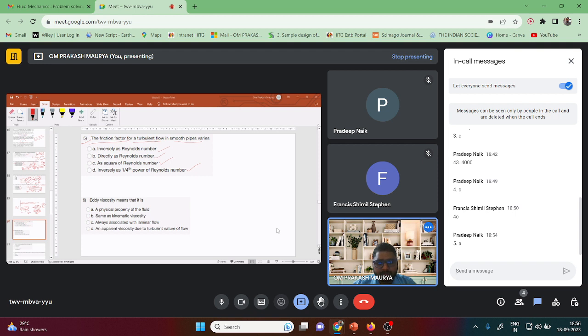Smooth pipe means a new pipe, so don't think of smooth as frictionless. Whatever Colebrook equation was given in the question, it was clearly written: this equation gives the answer for the smooth pipe, meaning a new pipe, not one that is 2 or 3 years old. You do not use the Colebrook equation for an already used pipe. So smooth means this. Okay, sir. Yes.